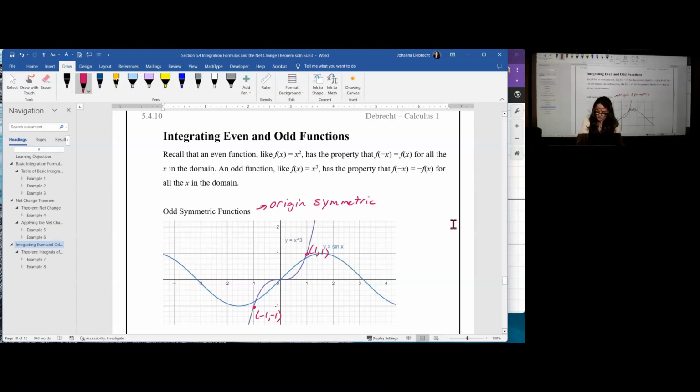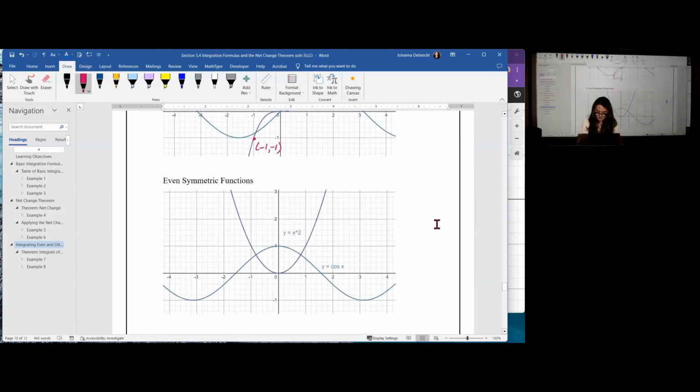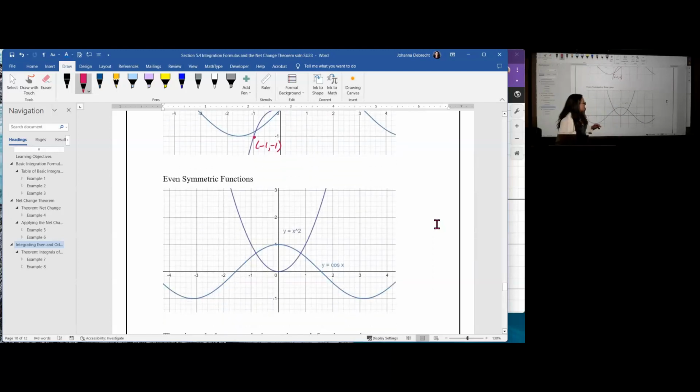Let's now take a look at the even symmetric functions. In the even symmetric functions, we have y equal to x squared and y equal to the cosine of x. These are both even symmetric functions, also called y-axis symmetric. In other words, if you fold on the y-axis, these graphs lay on top of themselves. If you fold down the vertical, they lay directly on themselves.